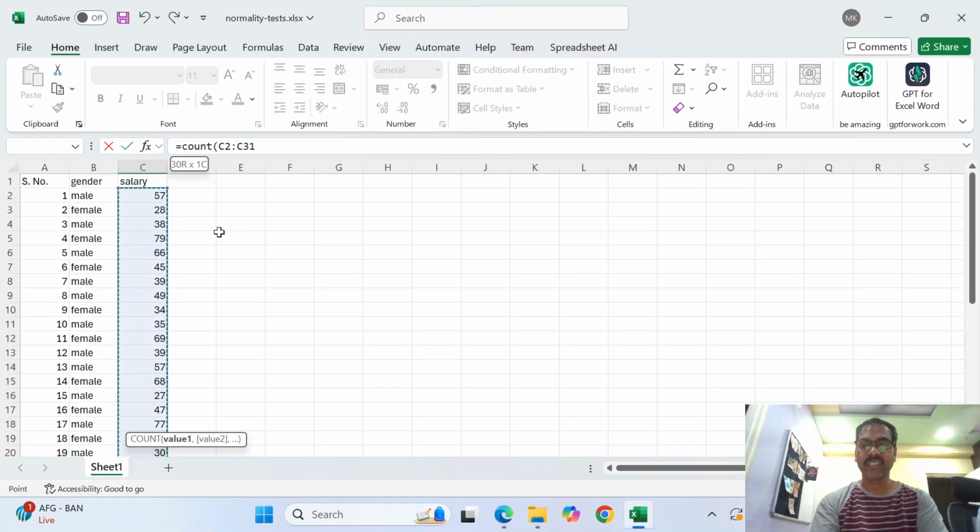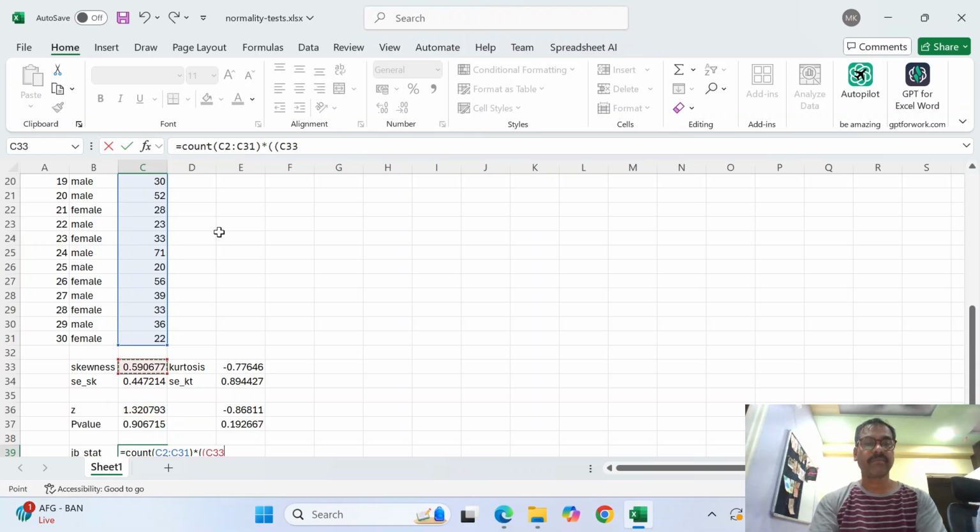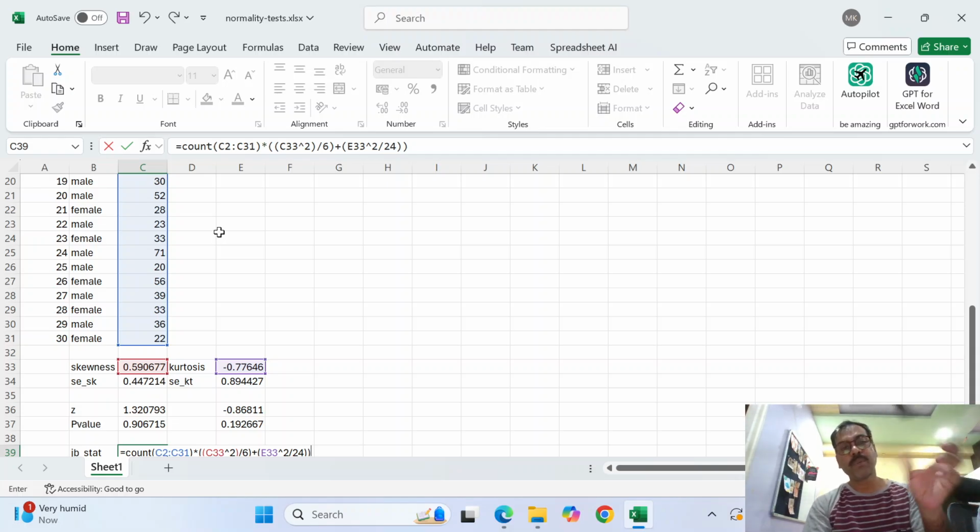I can straight away take 30 here and multiply. I can open one more bracket for skewness, so skewness square divided by 6, close the bracket, my skewness part is over. Now plus, and open the bracket for kurtosis, and the kurtosis square divided by 24, and close one more bracket, because every open bracket must be closed.